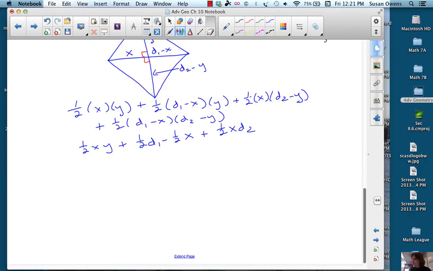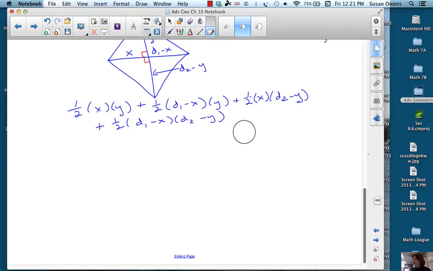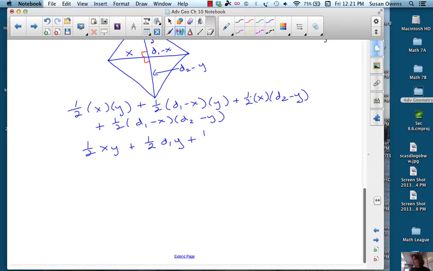So if we multiply this all out, we get 1/2 xy plus, now we have a 1/2 and a y that have to distribute, so 1/2 d1y minus 1/2 xy. Oh, there's the ones that can cancel.